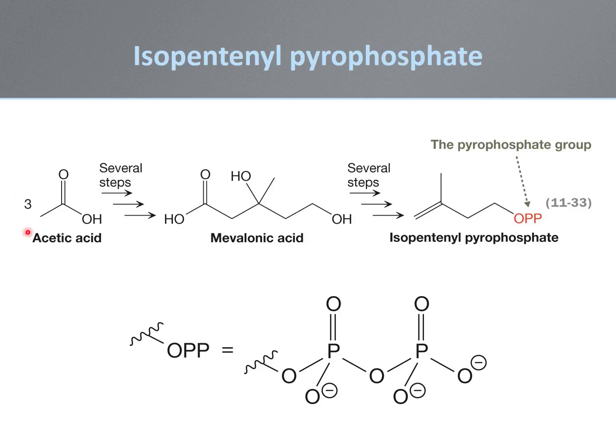Instead, 3 molecules of acetic acid are trimerized to form 3,5-dihydroxy 3-methylpentanoic acid, commonly called mevalonic acid. Decarboxylation and dehydration of mevalonic acid, plus the formation of a phosphate ester with the remaining hydroxyl group, gives isopentenyl pyrophosphate, which contains the basic isoprene unit.